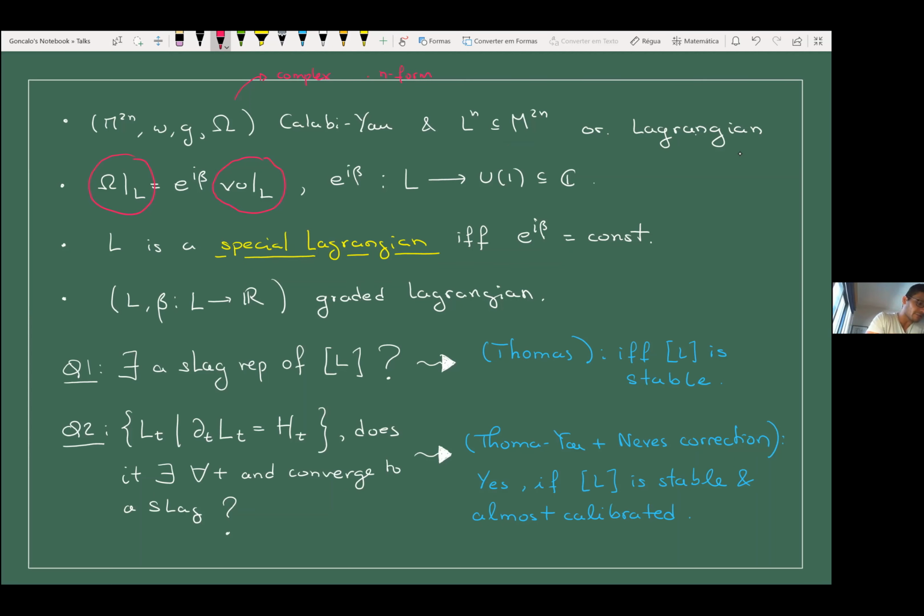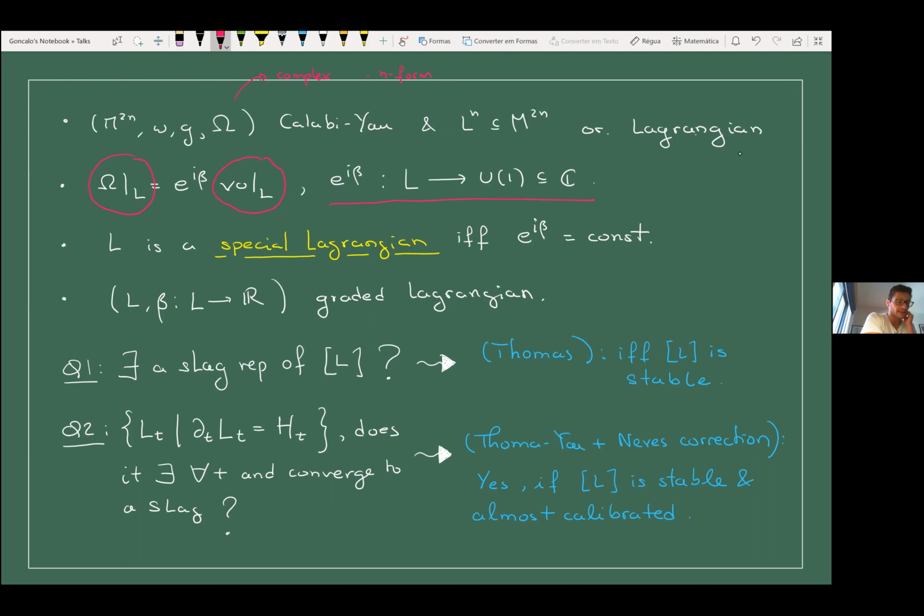And both of these have unit norm, so they must differ by a unit complex number, which is this e to the I beta, which is then a function on the Lagrangian with values in the unit complex numbers. This is usually called the Lagrangian angle. And then we define the special Lagrangians, which are our candidates to be the canonical representatives, as those for which this function is constant.